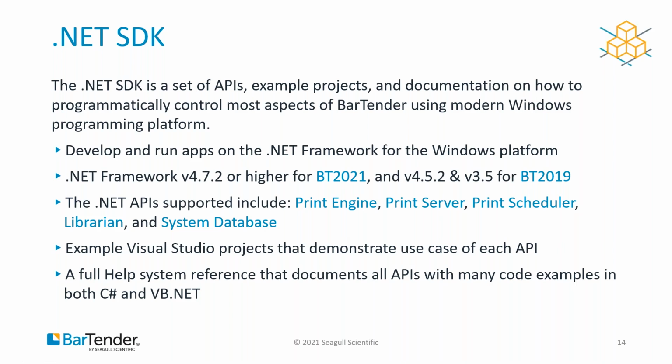As I mentioned, we have various example Visual Studio projects as part of the SDK that allow us to demonstrate various aspects of the different APIs available. And also, of course, as part of the BarTender help system, we have a full reference on each of the APIs, giving many code examples in C#, but also VB.NET, if that is your preference.